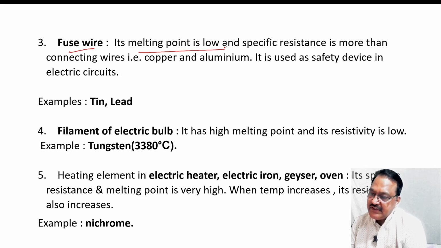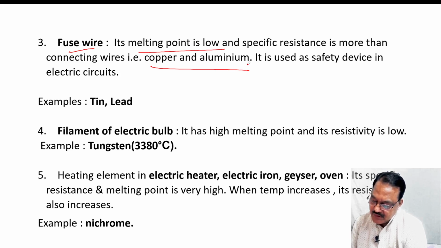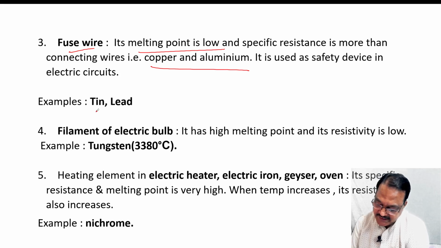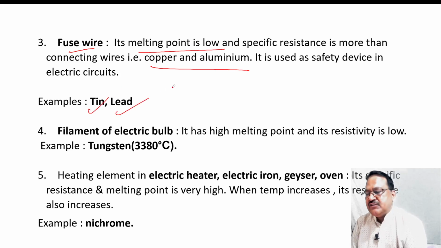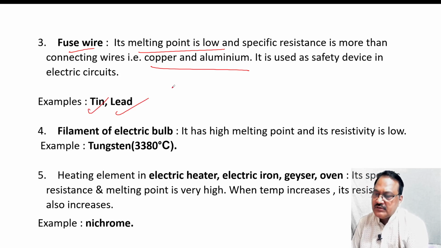It is used along with copper and aluminum, because mostly these are the conductors used in electrical circuits, so the fuse is also used in those circuits for safety. Due to the low melting point, mostly tin and lead are used for making fuses.